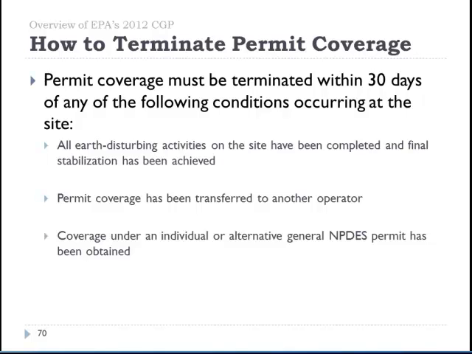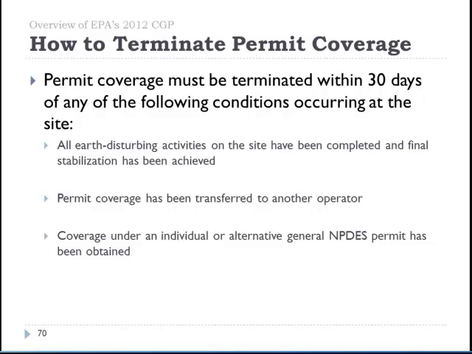There are some other criteria for when terminating permit coverage is required. One of the more common ones is when a project is transferred from one operator to another, and also when coverage under an individual permit is obtained, which would be a construction site that becomes subject to an alternative permit other than the CGP.